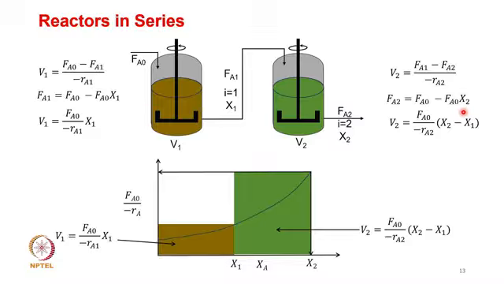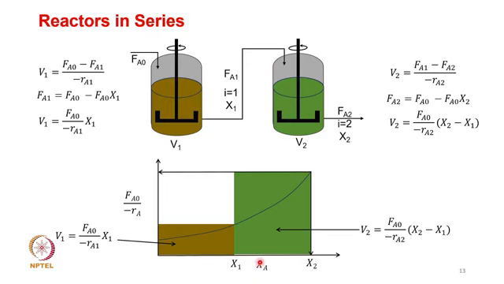Now, how do we compute the total volume if the conversion has happened up to X2? We know that we again need to go back and plot FA0 by negative RA versus X. Up to the reactor 1 conversion, it would be X1, and further to that it would be X2.